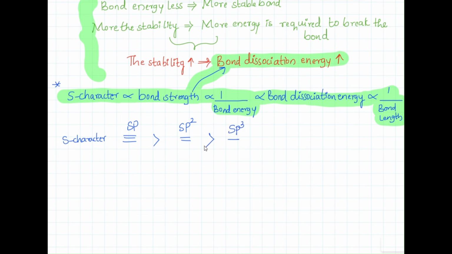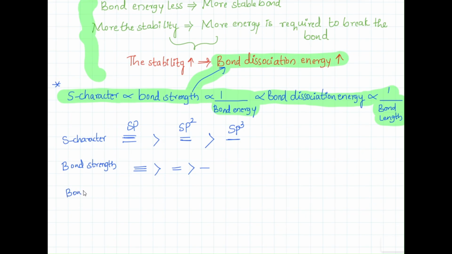S character is more in sp, that is the triple bond, compared to the double bond and single bond. And we know that bond strength is directly proportional to the S character. Therefore, the triple bond is much stronger than the double bond and sigma bond.